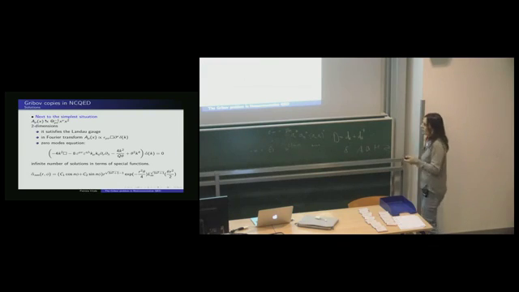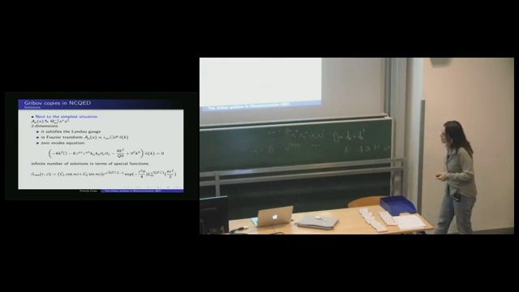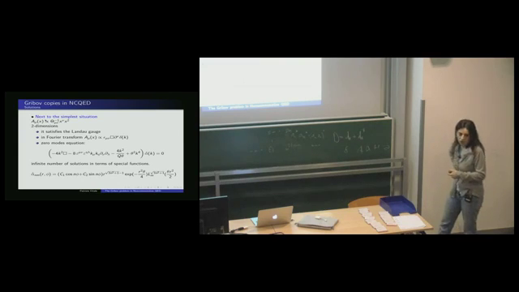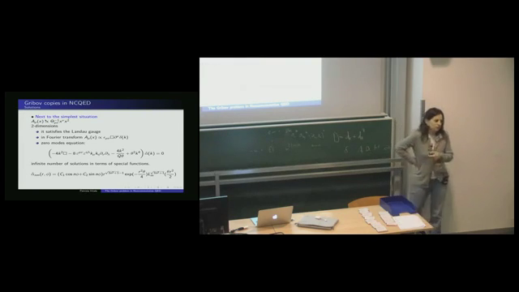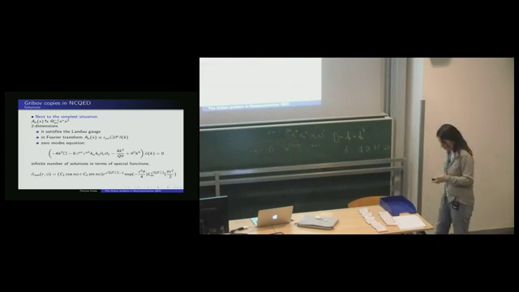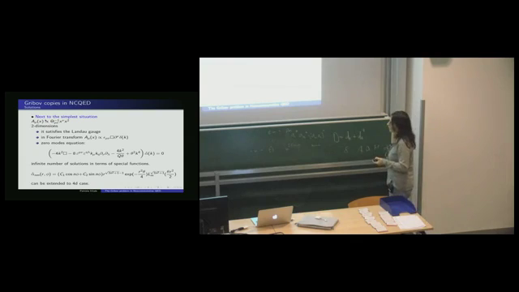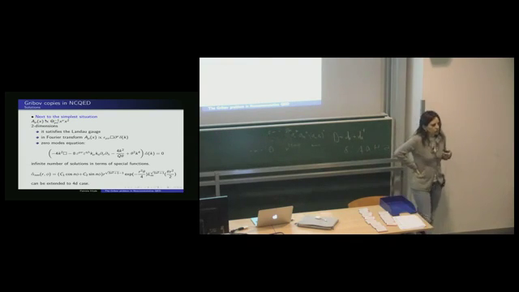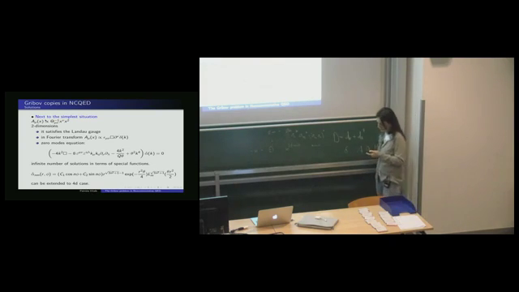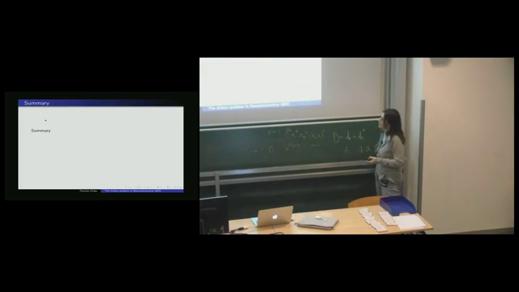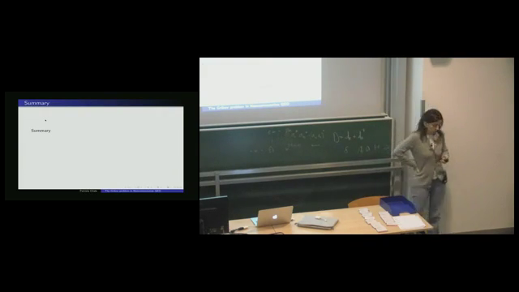It's a long story, but I just flash here the solution. This L here denotes generalized Laguerre polynomials, so a whole family of solutions. And we did exactly the same for the 4-dimensional case. We also have a whole family of solutions in that case. Okay, so I'm almost done.